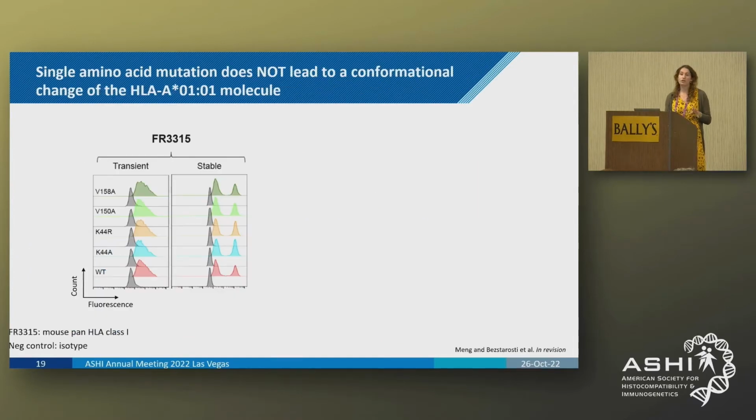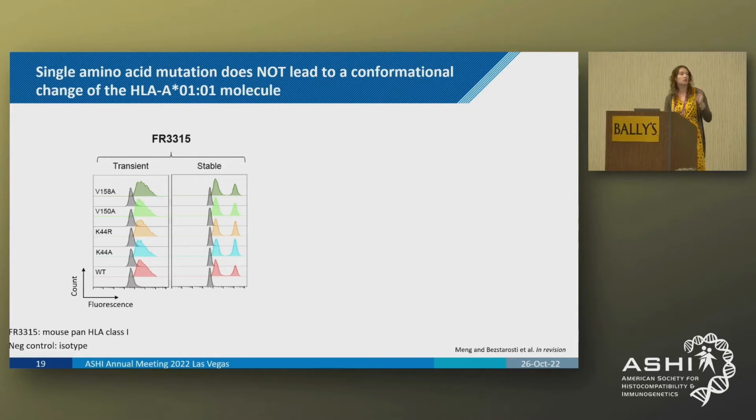So here's the first data that I want to show you. This is data not of the monoclonal antibody of interest, but of a pan-HLA class 1 antibody. Of course, when you introduce a mutation in the HLA molecule, you still want to confirm that there's not such a big conformational change that nothing is going to bind anymore.